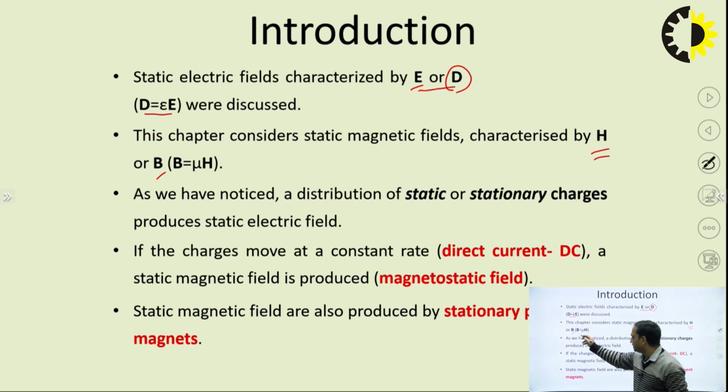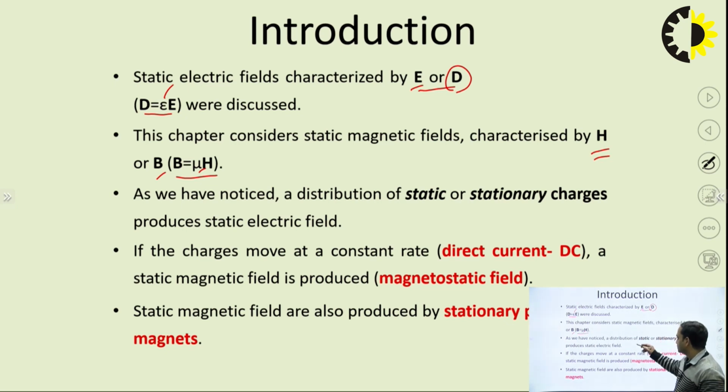The relation is B equals mu H. Epsilon is the permittivity and mu is the permeability. Epsilon represents the medium for materials in the electrostatic field, and mu the permeability for magnetic materials in the magnetostatic field.